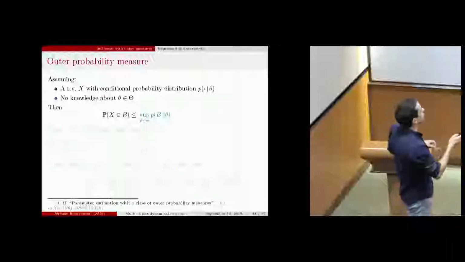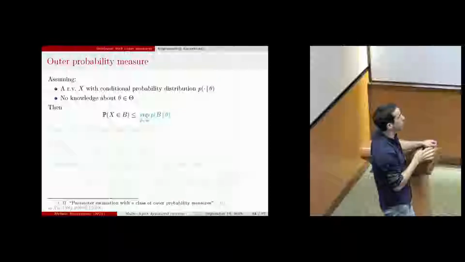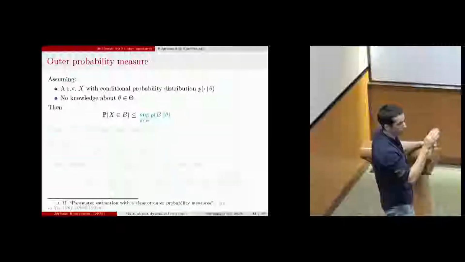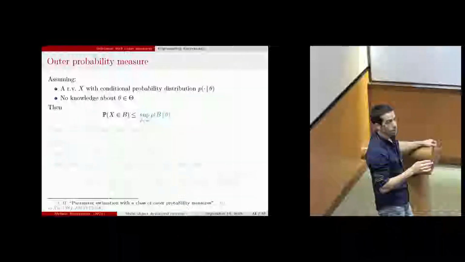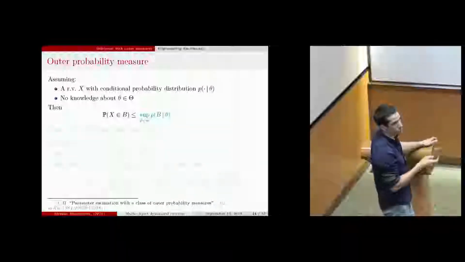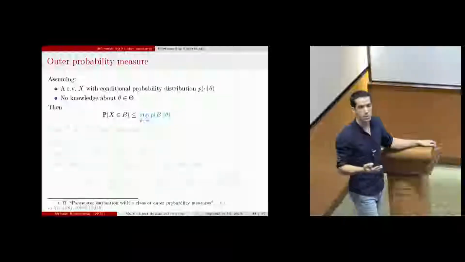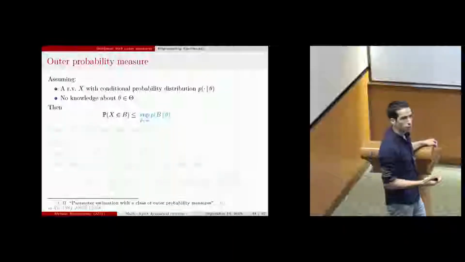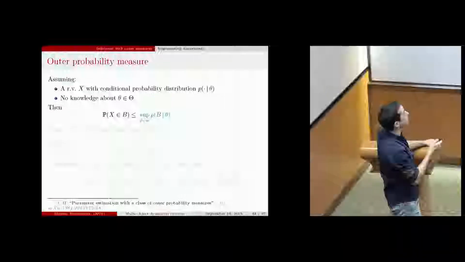The difference between probability measures and outer probability measures is that they satisfy the same set of conditions, except that probability measures are additive. If you have two disjoint subsets, the probability of the union is the sum of the probabilities.